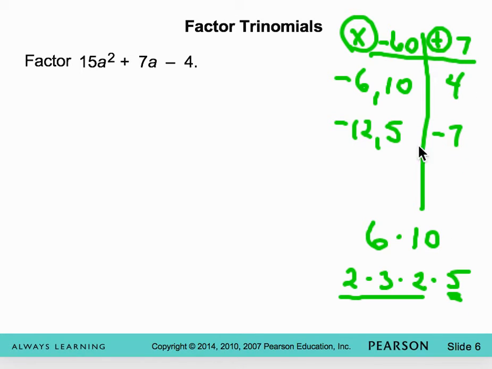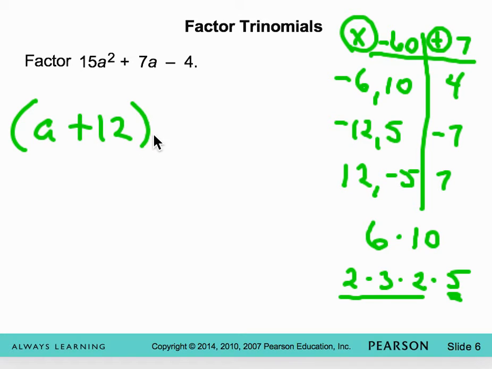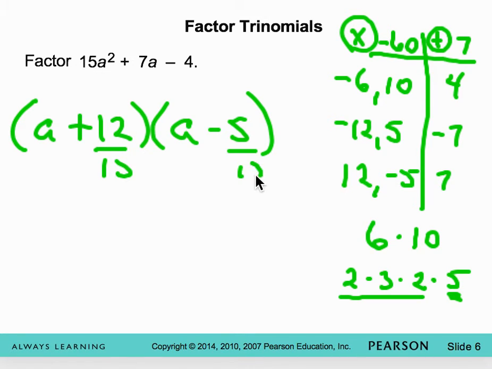Now, I've got the wrong signs. I need it to be 12 and negative 5. But once I have those numbers, it's a plus 12, a minus 5, and I got to divide by 15. So 12 divided by 15, they're both divisible by 3. So that's going to be 4/5.